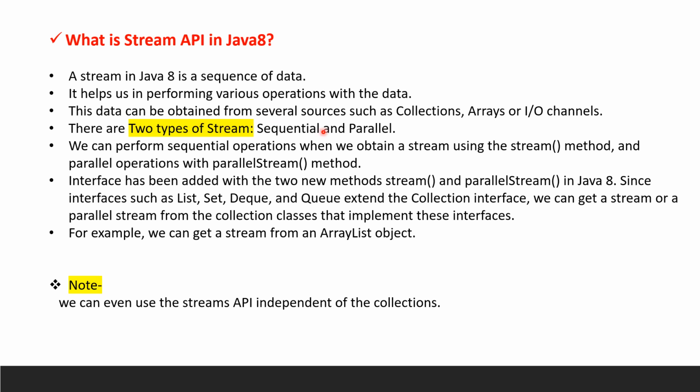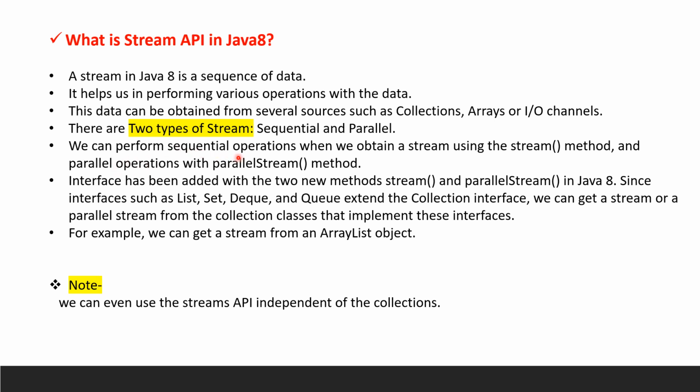The data can be obtained from several sources such as collections, arrays, or any IO like input or output channels, and these streams provide us two types, that is sequential and parallel streams.